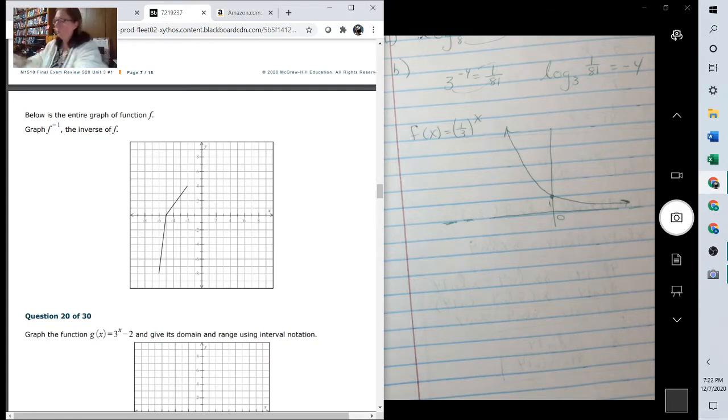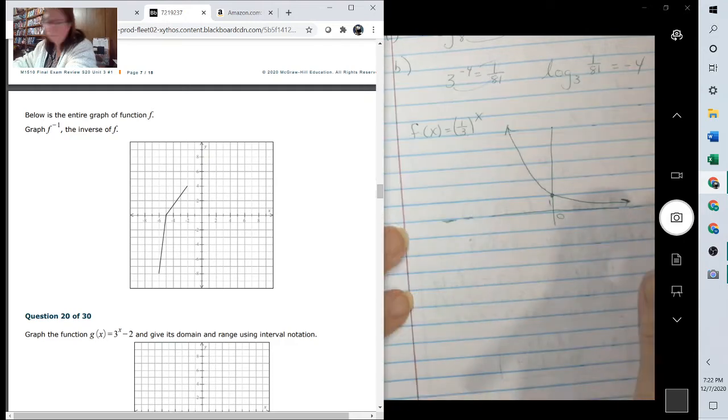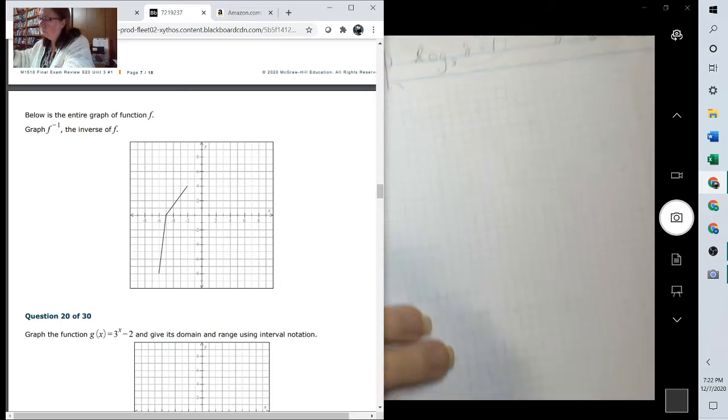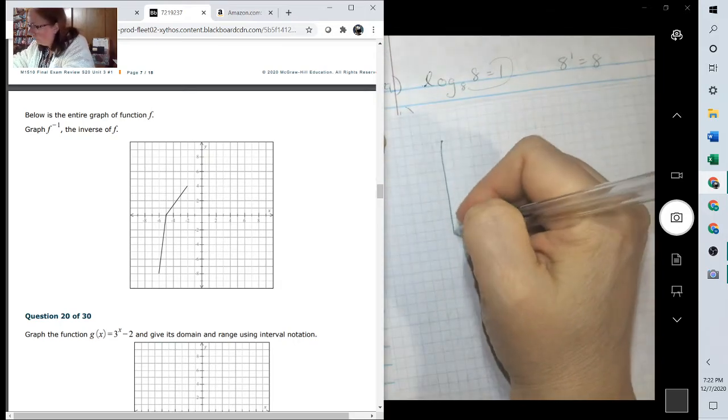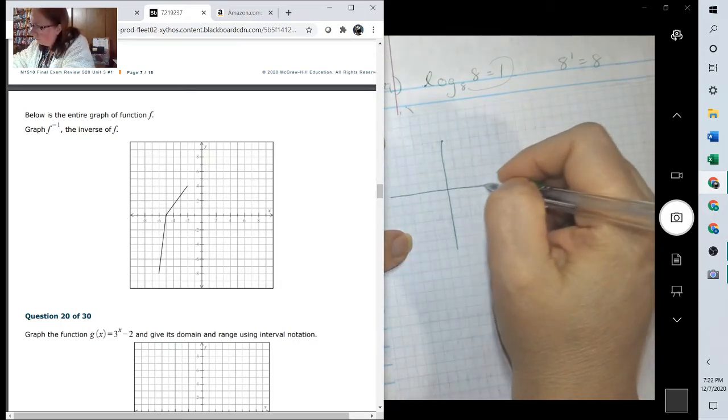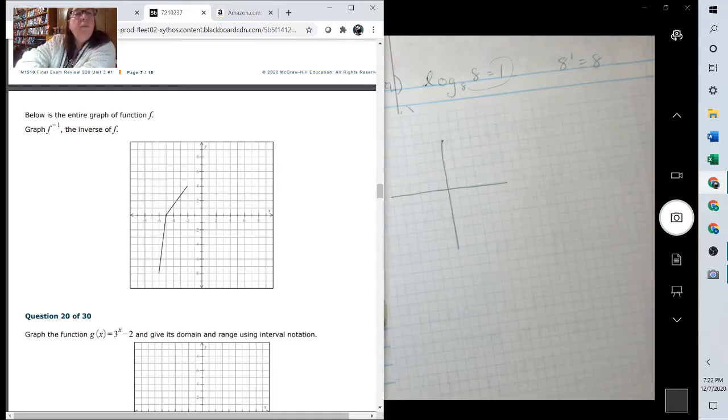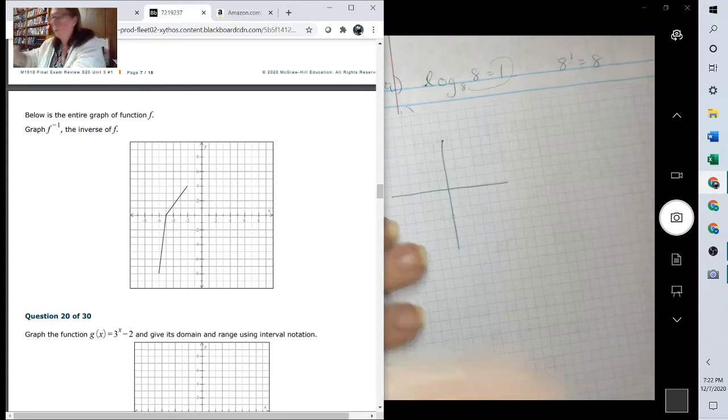Find the inverse. So the first point is -2, 4.